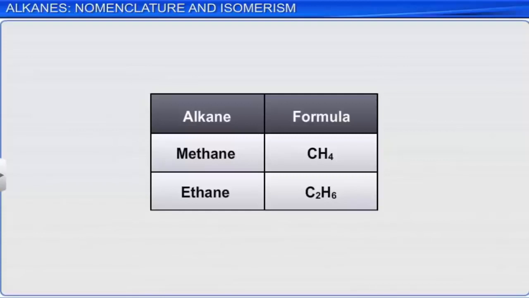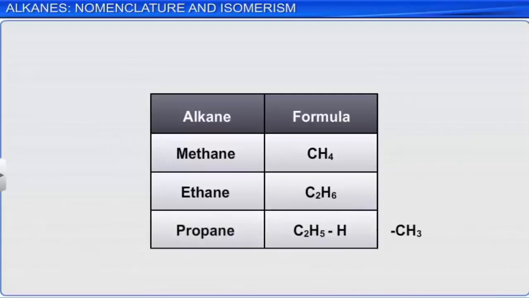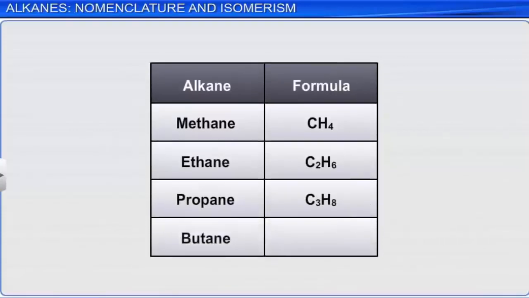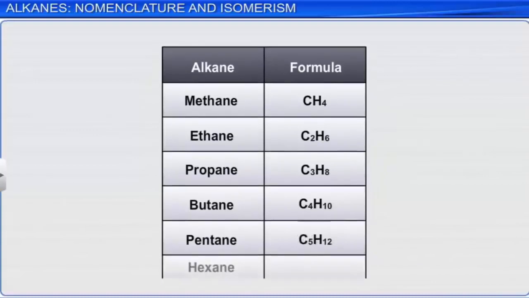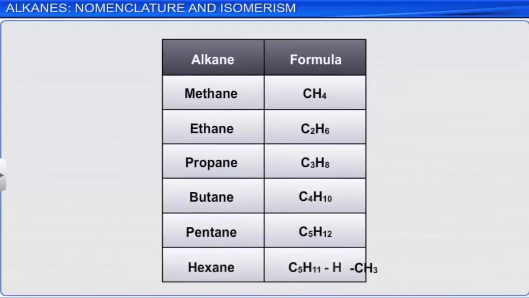Similarly, an entire series can be obtained by replacing one hydrogen with the CH3 group. There is no limit to the number of carbon atoms that can be linked together.